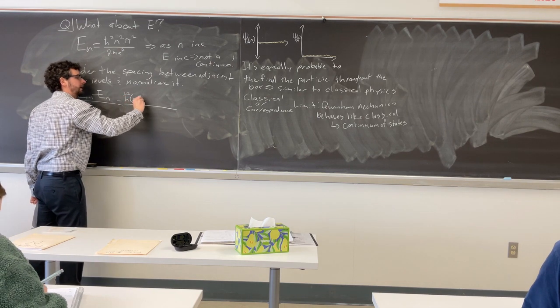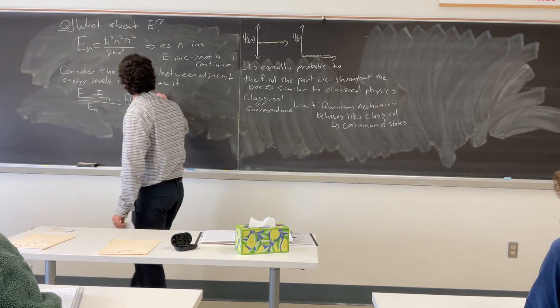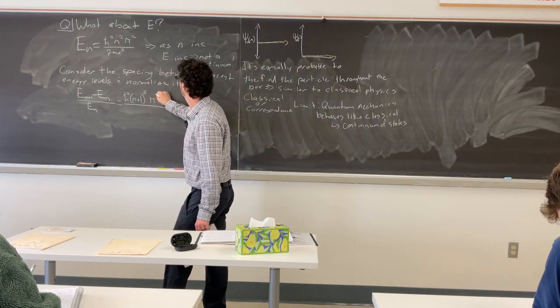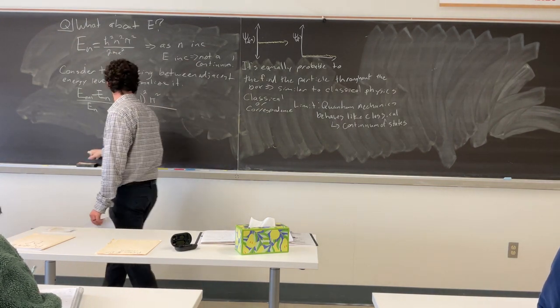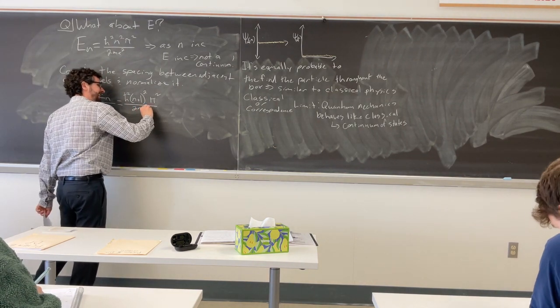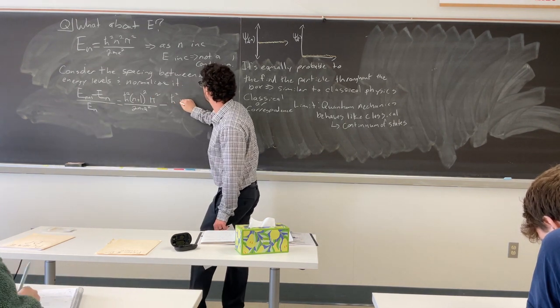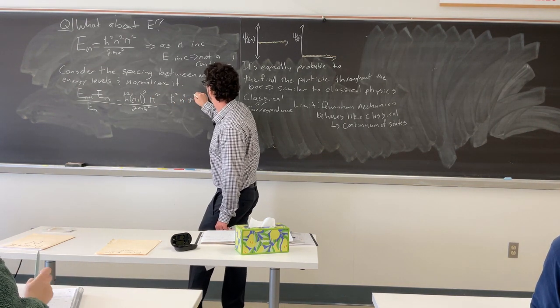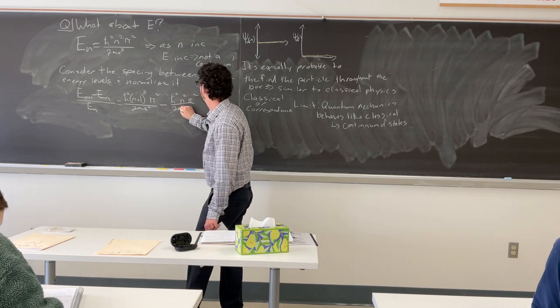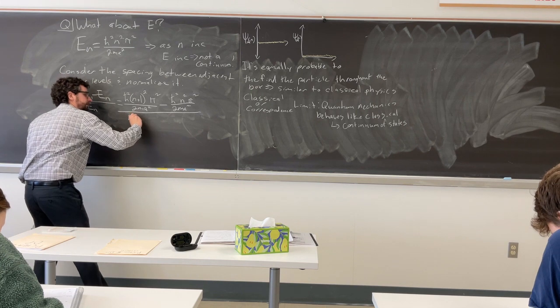Yep. And notice the n plus 1 squared like that. Pi squared, oops. All better now. Minus h bar squared n pi. And then we're going to divide by this thing.